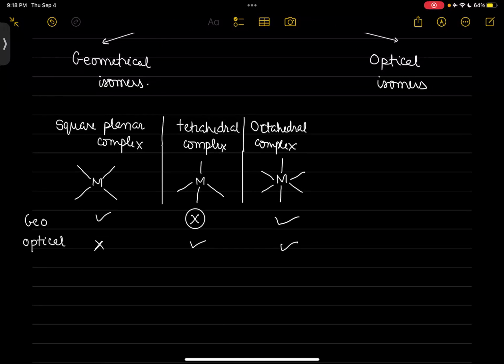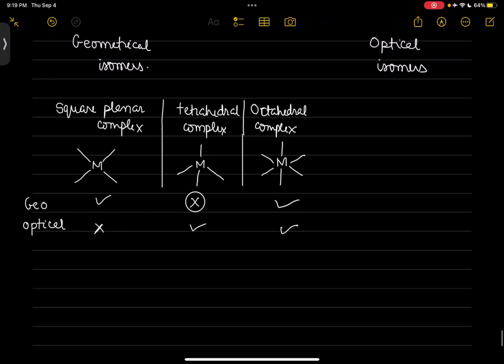Why can the tetrahedral complex not show it? Marwa, what's the reason? Yes, sir, it's because of the 3D structure. Yes, exactly, it's something related to that. Marwa, what were you telling?